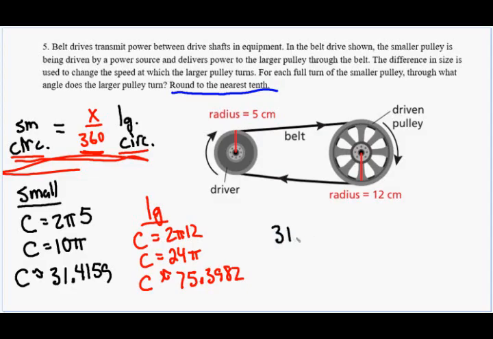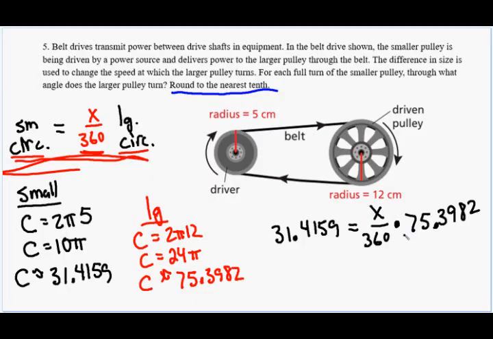I'm going to set 31.4159 equal to some fraction, x over 360, times our 75.3982. And we just want to get x by itself.